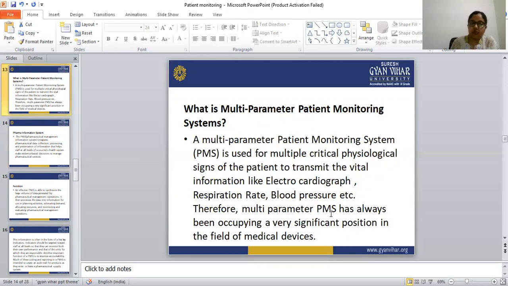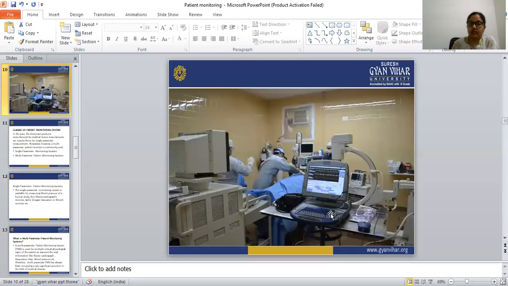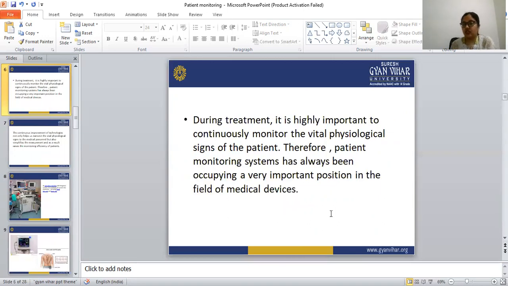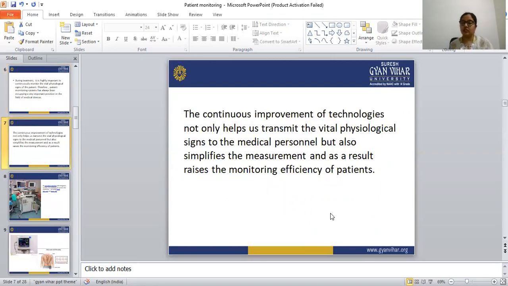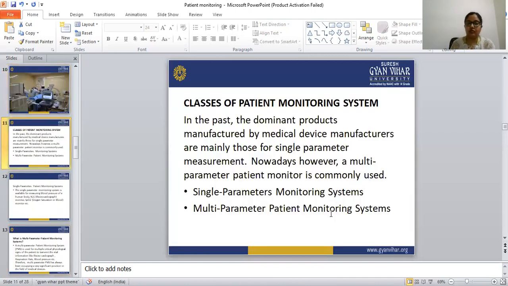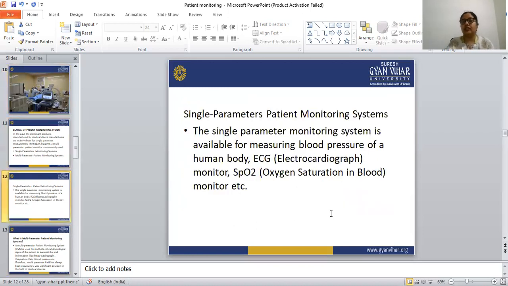So this is all about the patient monitoring system. I hope everybody understood it very well, how we can check and monitor the patient through the computer. All the parameters we are measuring through the computer can be saved in one place, and when we need that information, we can get it from that one place. For this purpose, we need a database.